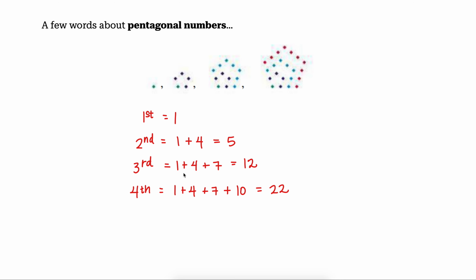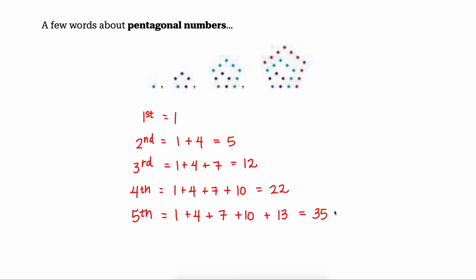Going from one pentagonal number to the next, we're adding numbers that are 3 higher than the one before. So 1, then 1 plus 3 is 4, 4 plus 3 is 7, 7 plus 3 is 10. For our 5th pentagonal number, we're going to have 1 plus 4 plus 7 plus 10 plus 13, so we end up with 35 as our total. Hopefully you can see that pattern.